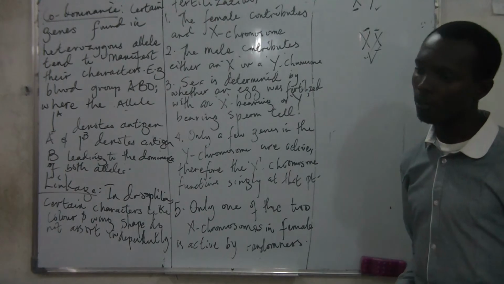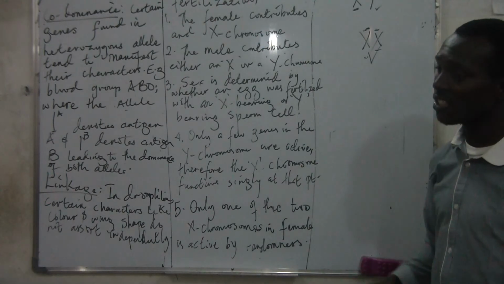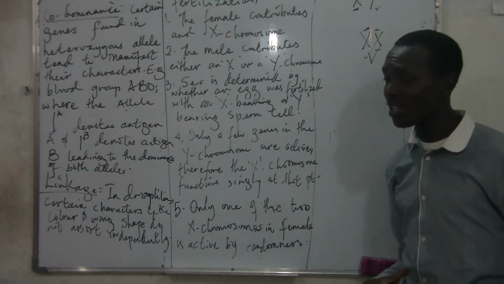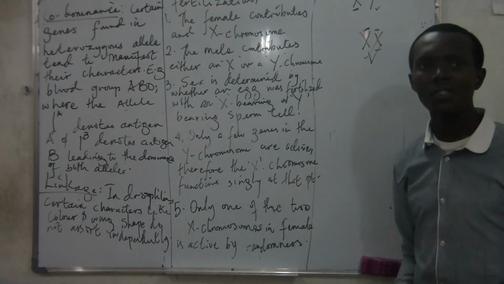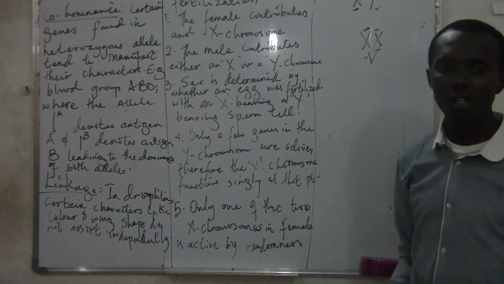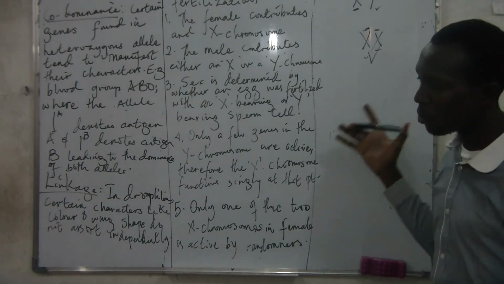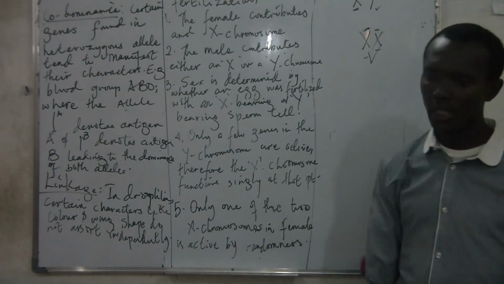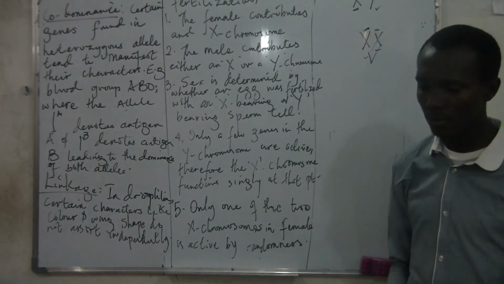A very detailed system, especially in sex determination. From here, we're going to look next at sex-linked characters, how sex-linked characters are transmitted sometimes from mother to son or from father to daughter. That's the sex-linked characters.